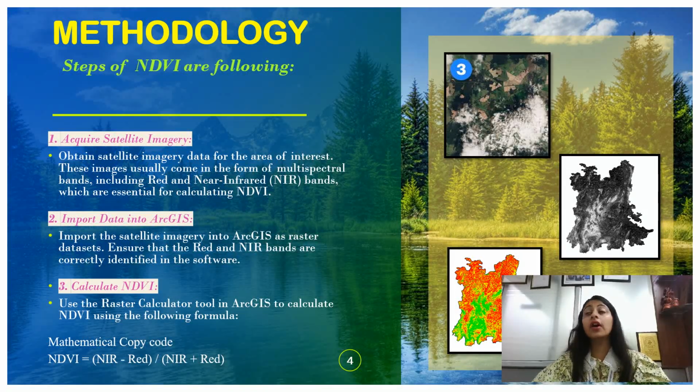We have a certain formula for calculating the NDVI: NDVI equals NIR, which is near infrared, minus the red band, divided by near infrared plus the red band.